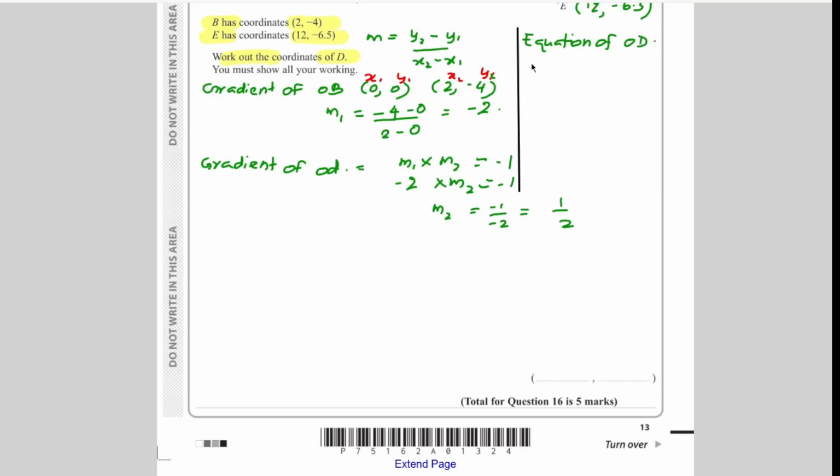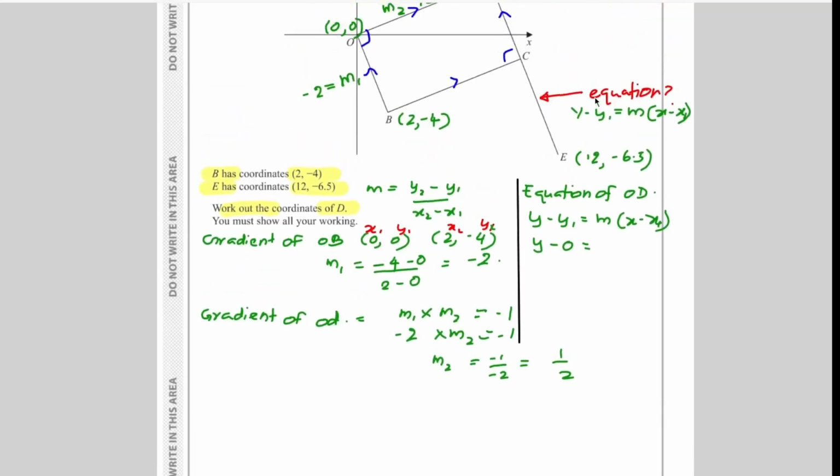So we can write y minus y1 equals m times x minus x1. Or you can write y equals mx plus c straight away, or you can get what c is as well. So I'm writing y minus y1, my coordinate is 0. Here this line passes through 0, 0.